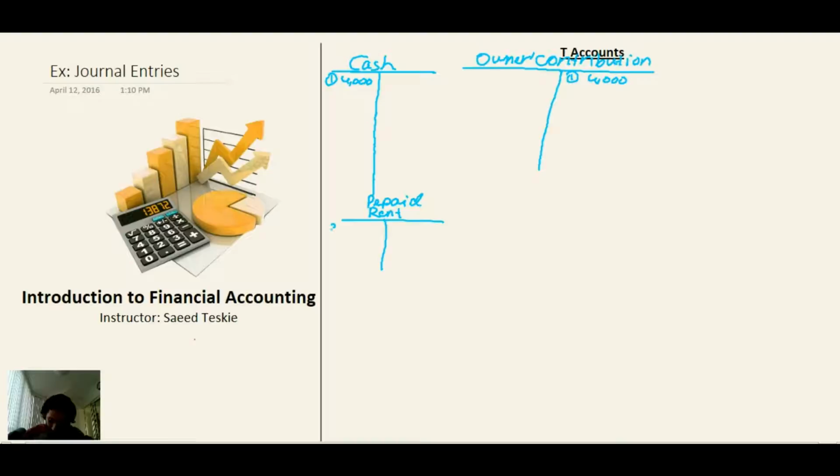So we debited it for 750 and we credit cash for 750. Before each number I put the transaction number, so it will be easy for me to know each number is linked to which transaction.